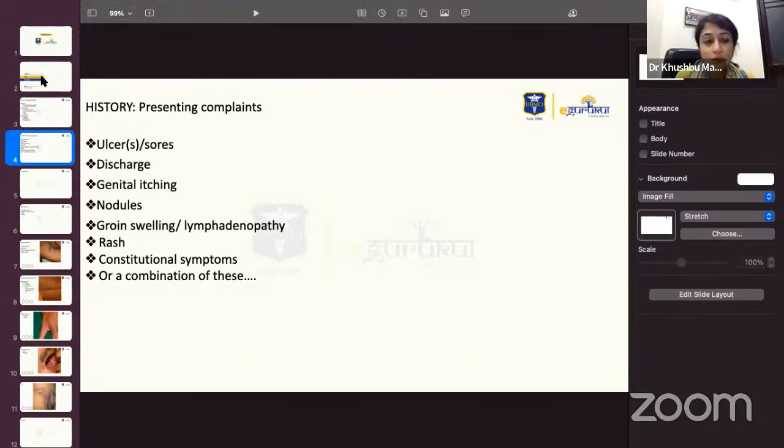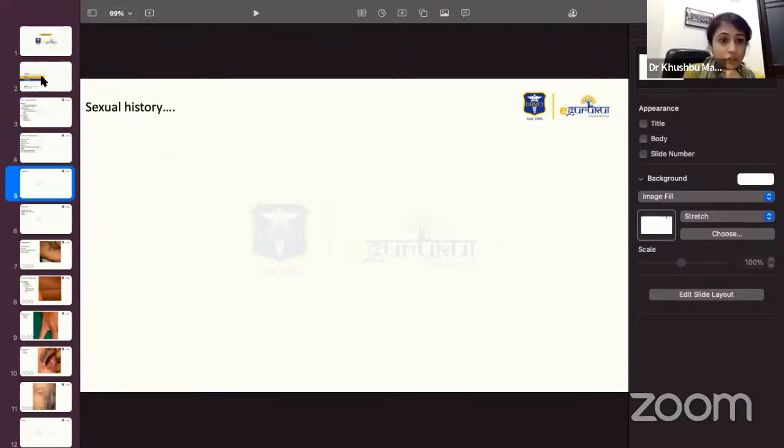Is it a question about an ulcer, a discharge, genital itching, genital nodules or swellings in the genital area, a skin lesion which is present along with the genital lesions, or are there any constitutional symptoms being given? So when they're giving you a question on STD, it would be broadly localized to these important presenting complaints.